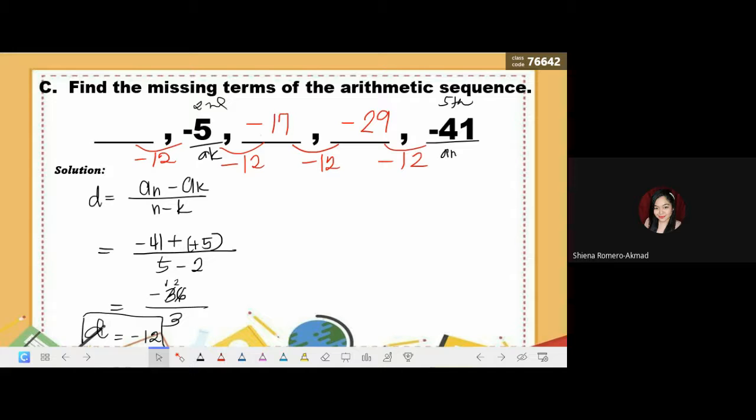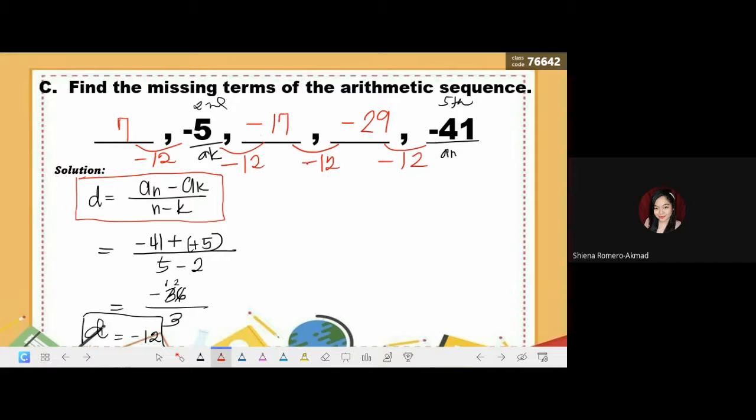What's the answer? 7 po, miss. Correct, 7. So 7 plus negative 12 is negative 5 plus negative 12 is negative 17 plus negative 12 is negative 29 and so on. So ito yung sinasabi ko sa inyo that all you have to do is to use this formula, the difference formula, and you look for the terms. I-add na lang natin siya.